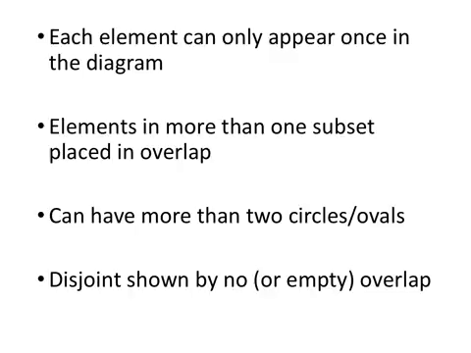We're also going to see that you can have more than 2 circles or ovals showing subsets in your diagram. And as we've already seen, a disjoint, remember, when there is no overlap, is shown by not having any overlap, or not having any elements within that overlap. And keep in mind, as we've discussed in class, a disjoint may also be referred to a situation where the subsets are mutually exclusive.